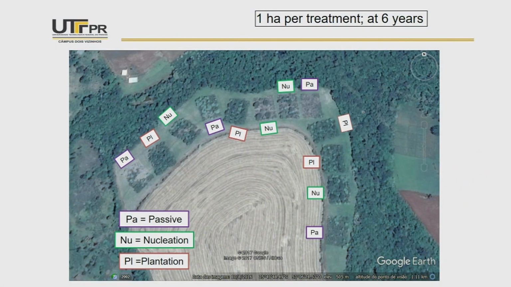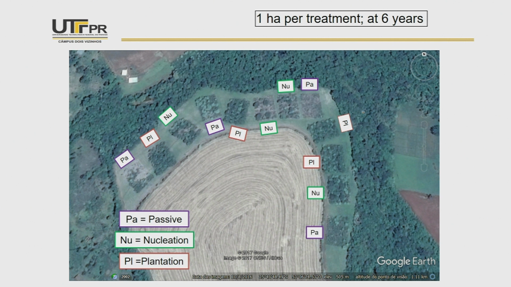So here an image. We are testing 3 treatments. They are the same treatments that Holl is testing, but our nucleation system is kind of different. I will focus this presentation on these methods. And our plantation system is different as well.